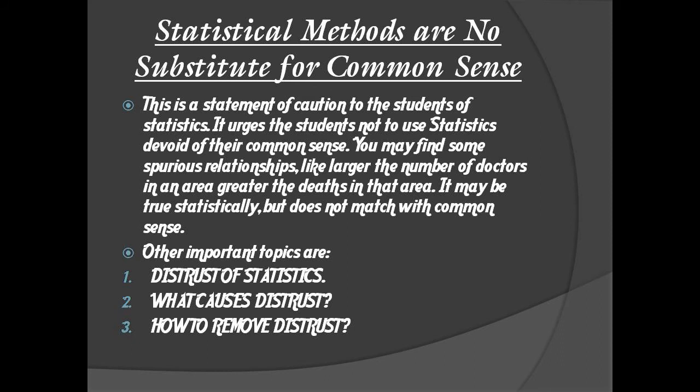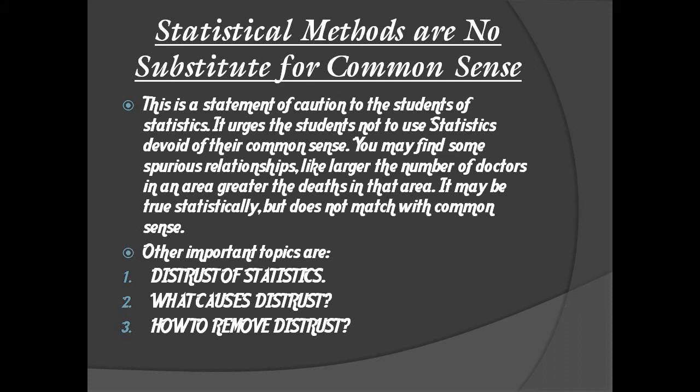Now, what causes distrust? Distrust of statistics arises not because there is anything wrong with statistics. It arises because the users of statistics tend to manipulate them to suit or support their predetermined conclusions or observations. The main causes for the distrust of statistics are: first, different kinds of statistics are obtained in respect of a given problem.